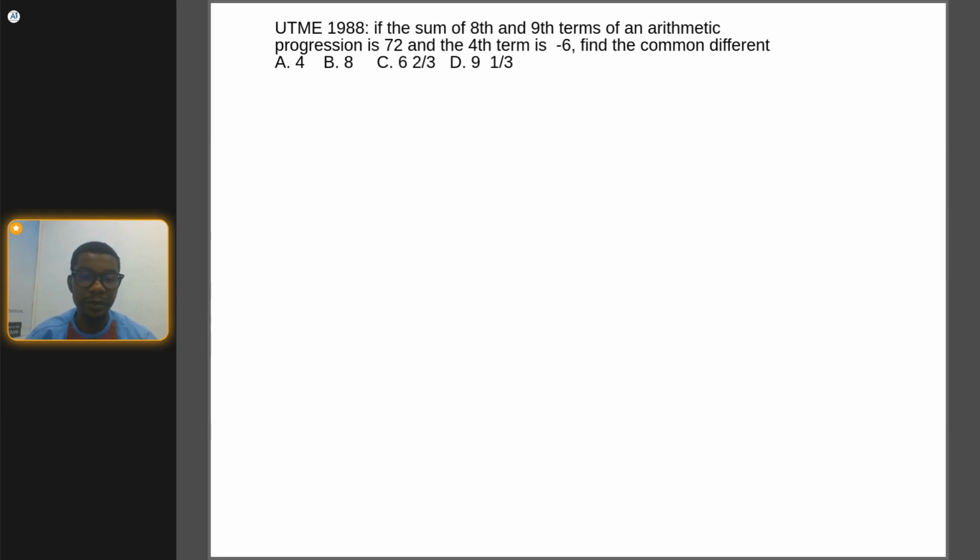UTME question 9088: if the sum of the 8th and the 9th term of an AP, that is arithmetic progression, is 72, and the 4th term is -6, find the common difference. All we have to find here is the common difference.